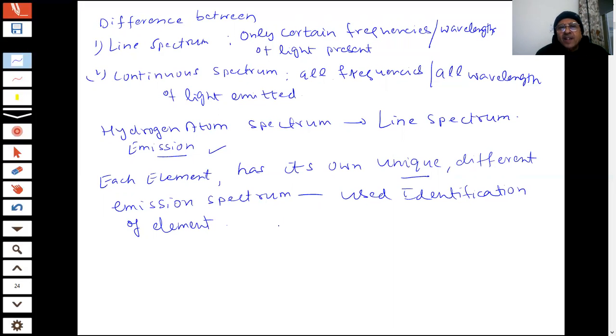Why did we not get a continuous spectrum in the case of hydrogen? Can you tell me your answer? What explanation or evidence is there? This is experimental data. What can we conclude from this?